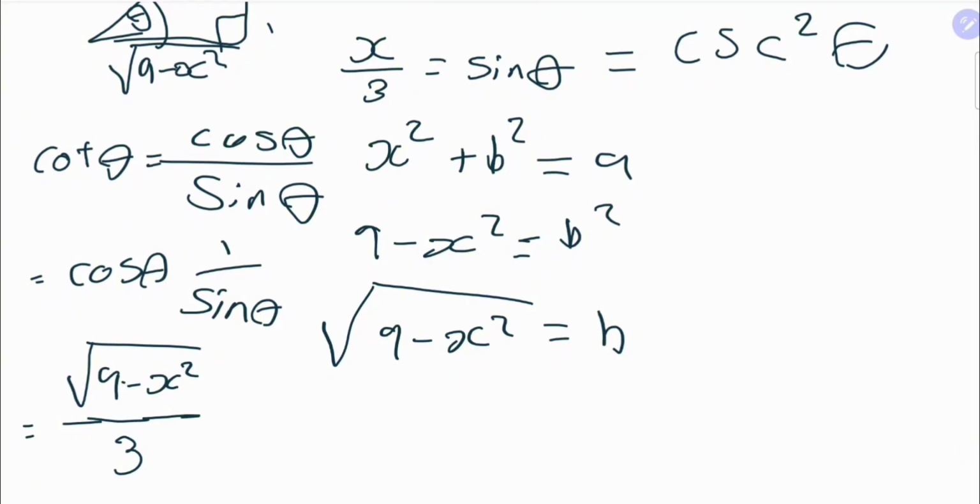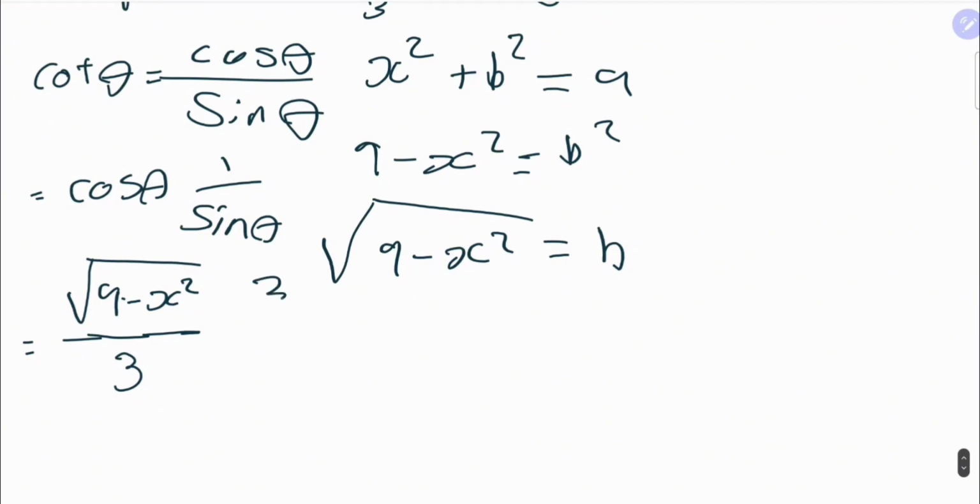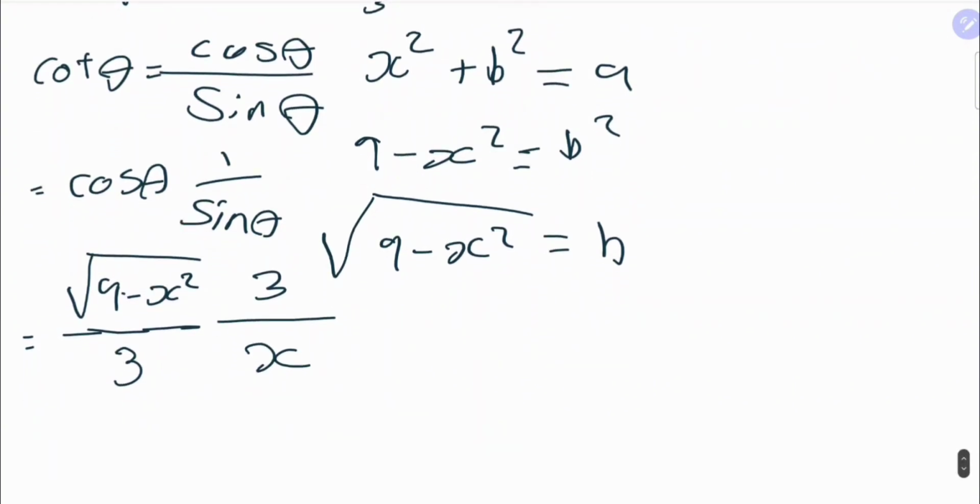So if x over 3 is sine, then 3 over x is sine to the negative 1, as you're basically switching around, making the bottom the top and the top the bottom. So over 3x. Nice.